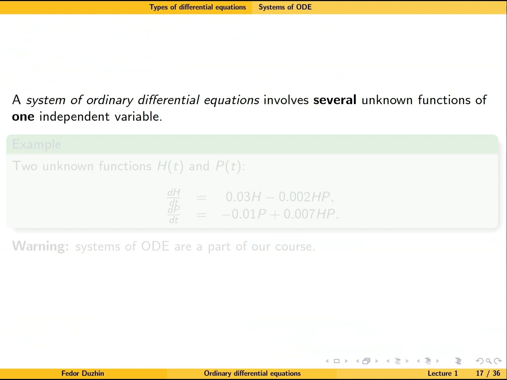Now, a system of ordinary differential equations involves several unknown functions of one independent variable.